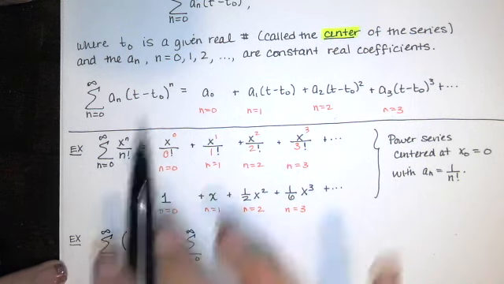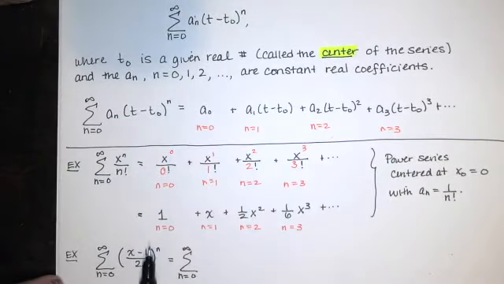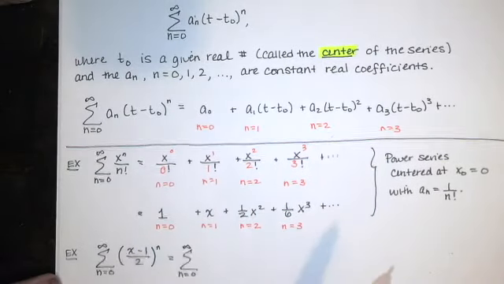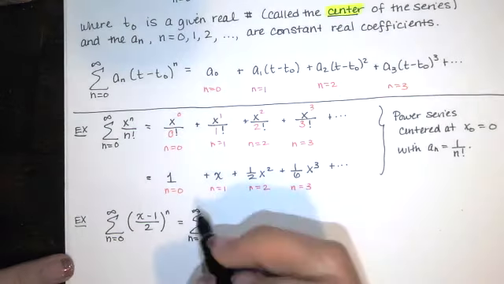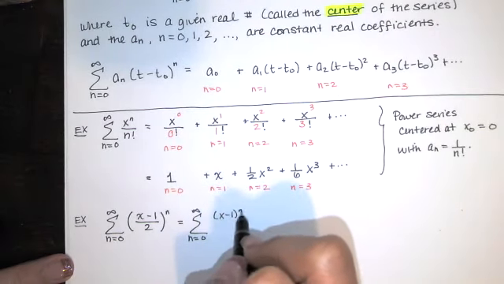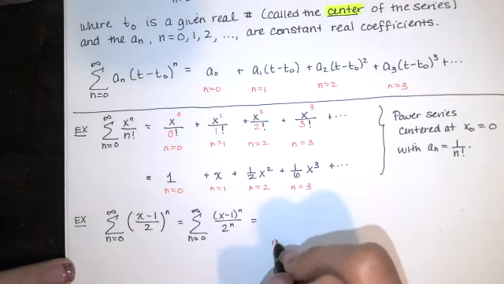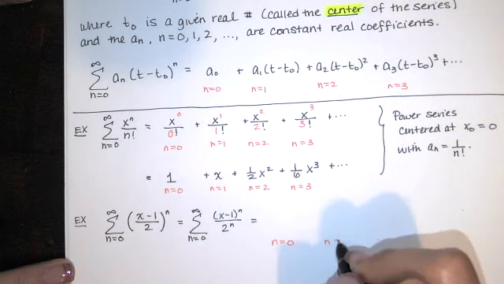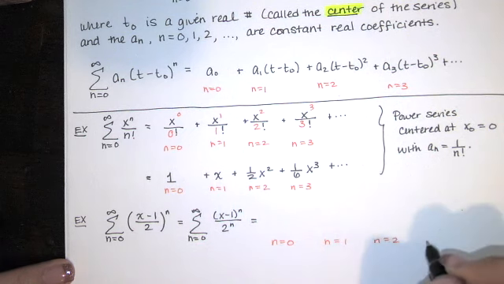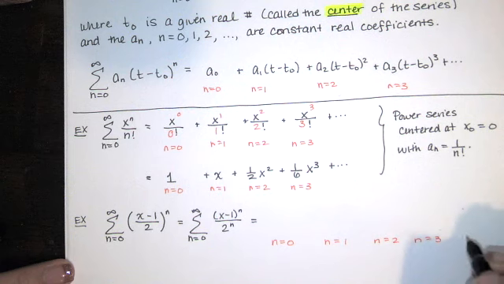But to make this look a little bit more like this up here, we might apply that nth power to the numerator and the denominator. A fraction to the n is just that numerator to the n over that denominator to the n. And then we could expand it just to have a sense of what's going on when n equals 0, when n equals 1, when n equals 2, n equals 3, and so on.